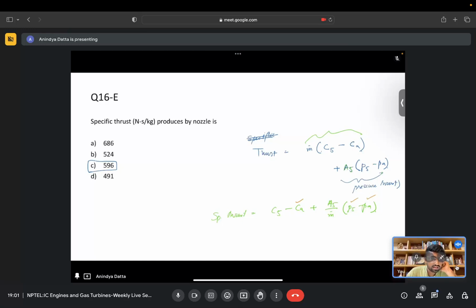But ideally, 50% will be from gas turbines and 50% from IC engines, and if it's 3 hours, maybe it will be 100 marks or something. But it's better if you email the professors or put the question in the discussion forum. Maybe I will also ask the professors and let you know in the next session.